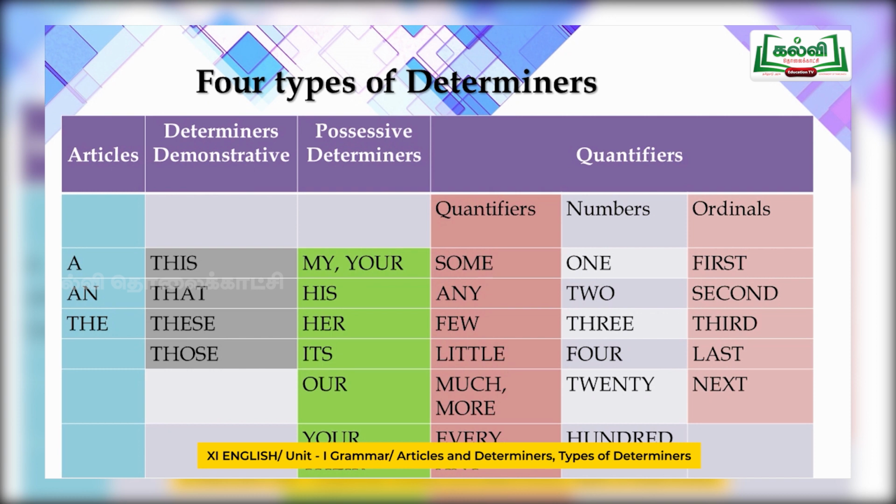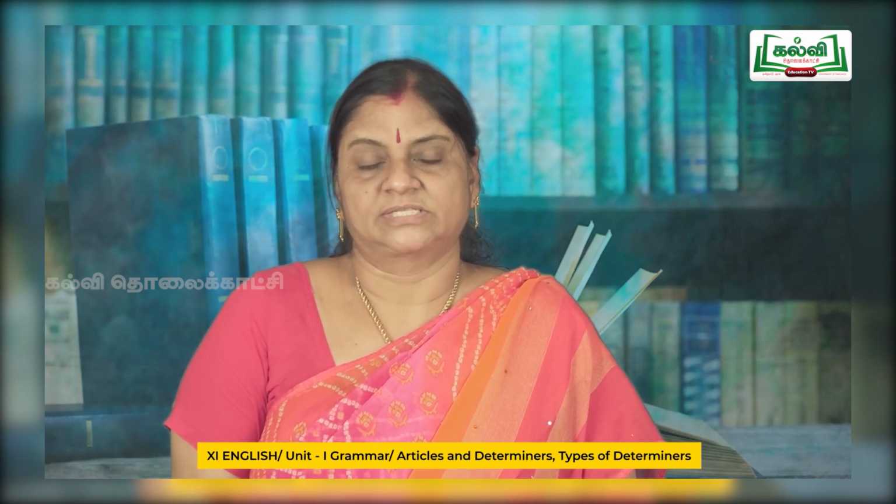In quantity, the words are some, any, few, little, much, more, every, any. Under numbers: 1, 2, 3, 4, 20, 100, 200, like this. Ordinals: first, second, third, last, next. In this table we see the words that come under the types of determiners.